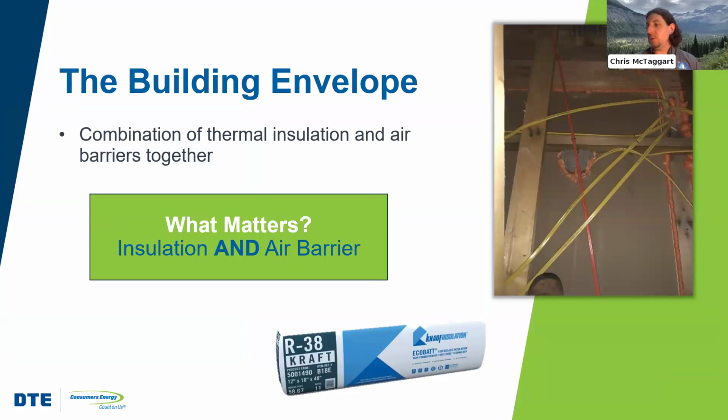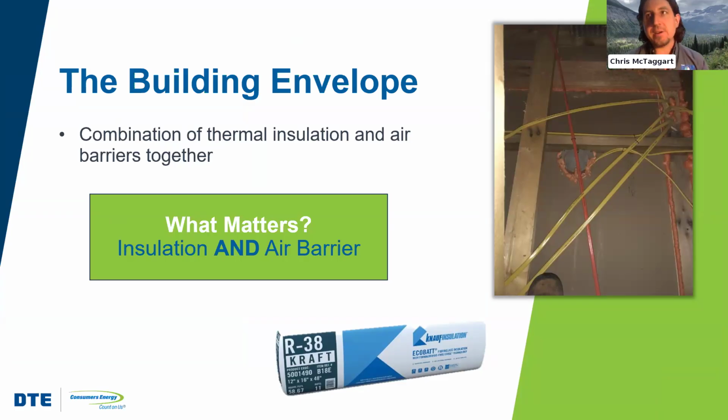Okay, so the building envelope is supposed to be the combination of an air barrier as well as an insulation layer. Ideally, you want both together. You want your peanut butter on top of your toast. You don't want it separated because those two are just so critical to have together. Why?